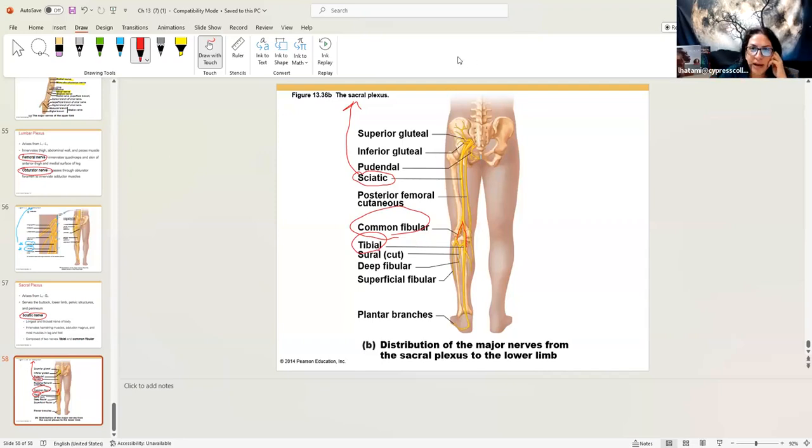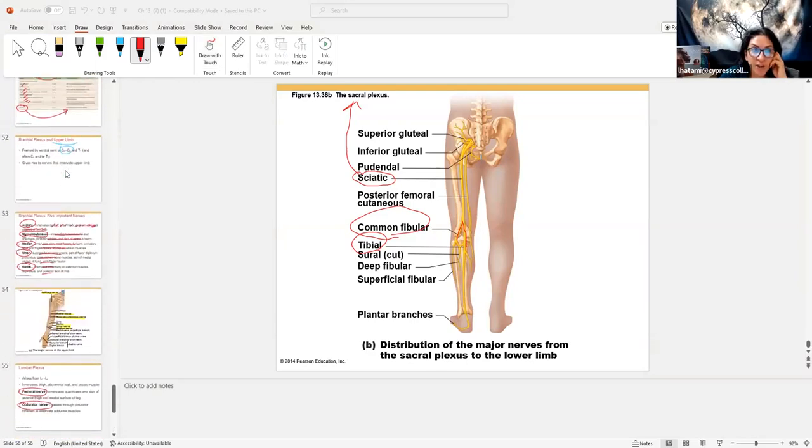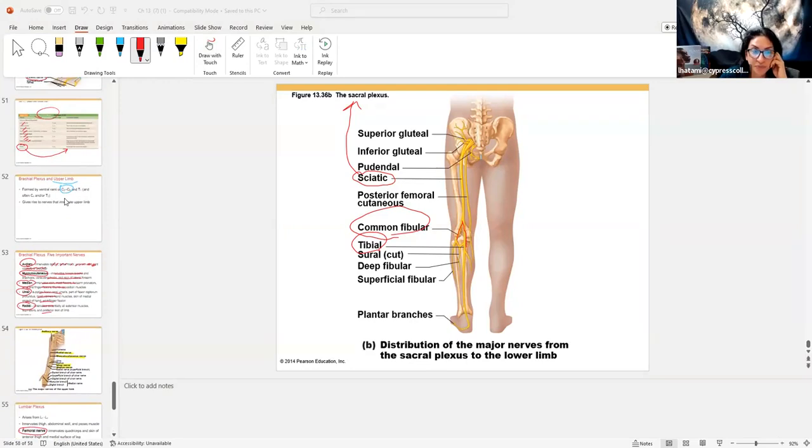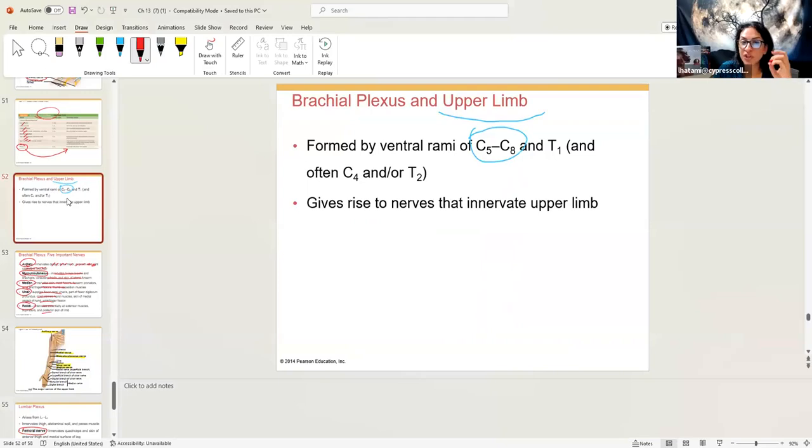The question that you ask is, is L4 part of the lumbar plexus and sacral plexus? The answer is yes. So I just went over the important nerves which are going to make, for example, our brachial plexus or lumbar plexus.